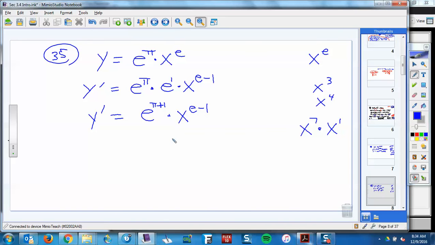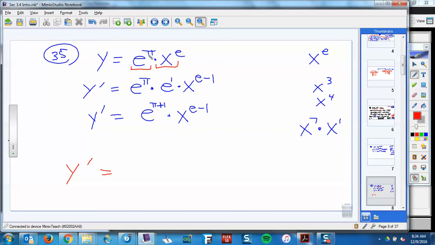Isn't this the product rule? No, because e to the pi is just a number. E to the pi is just 2.7 to the 3.14. Now, okay, Emily, time out. Could you do the product rule? Yes. But here's why I wouldn't. Because people mess it up. If we want to do the product rule, it says what? Derivative of the first, right?